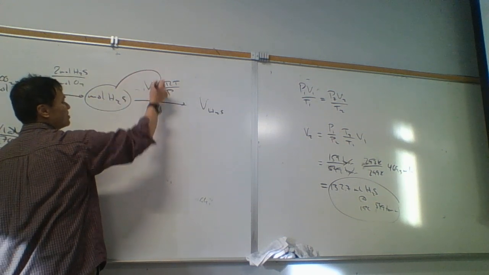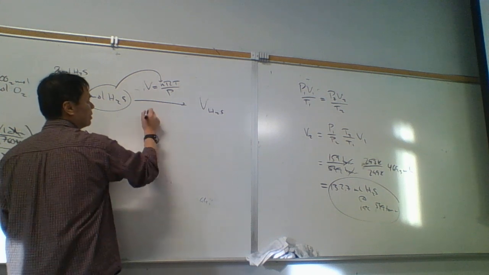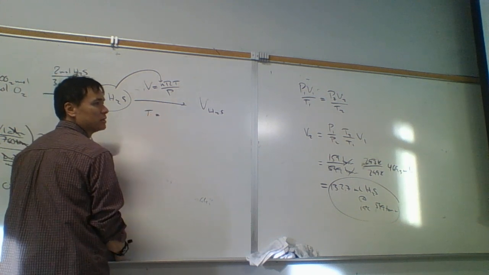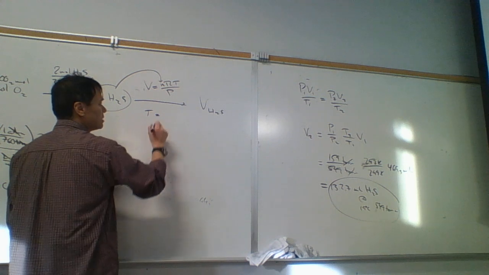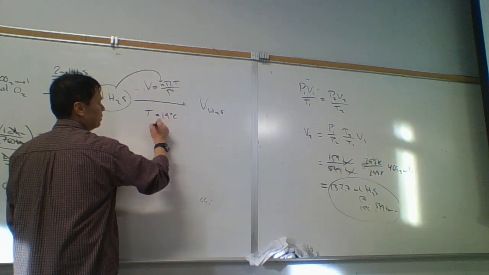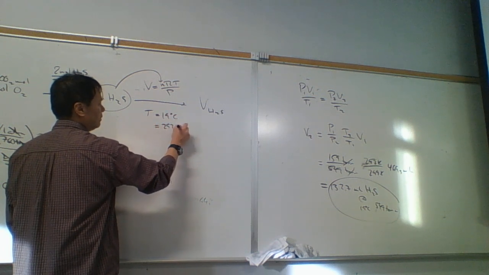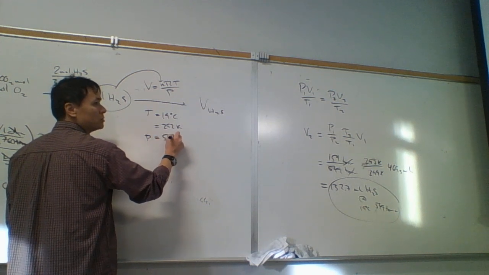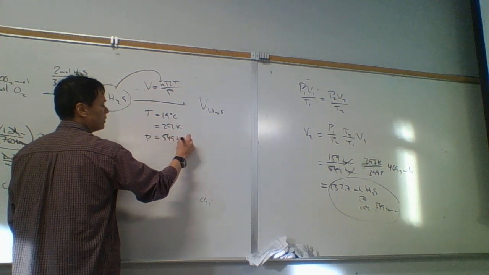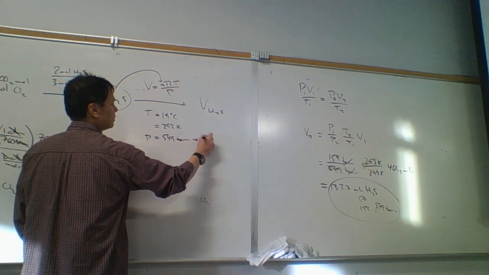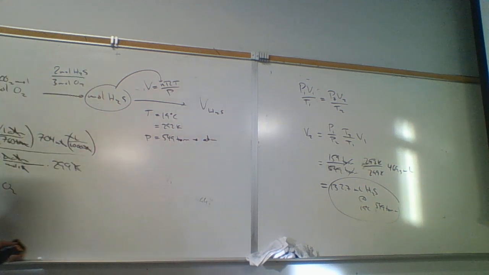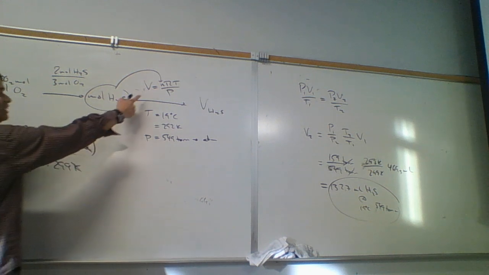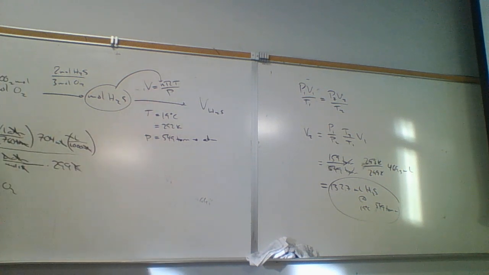The temperature of the H2S is different: 19 degrees C, which would be 292 Kelvin. And the pressure of the H2S is 549 torr, which we would convert to atmospheres. Then we can plug that in up here and solve for the volume.